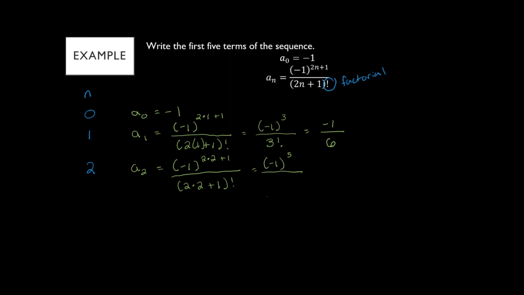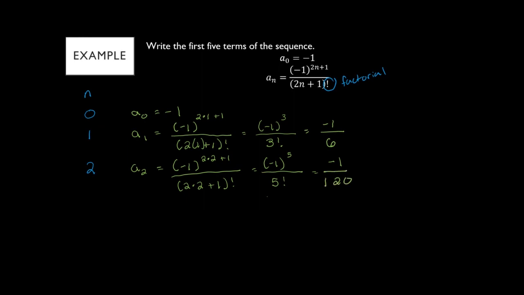And then that's going to be 5 factorial. Any negative to an odd power is going to be negative, and I'm going to use my calculator to do 5 factorial. And that comes out to 120.